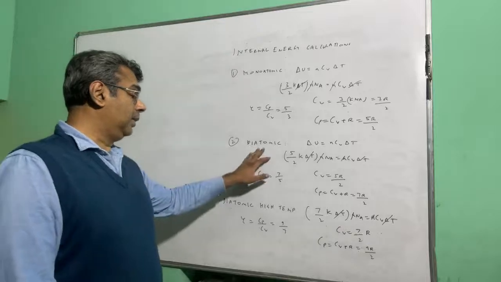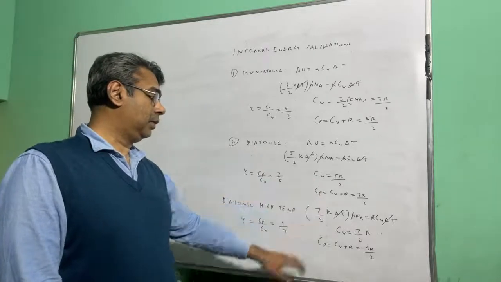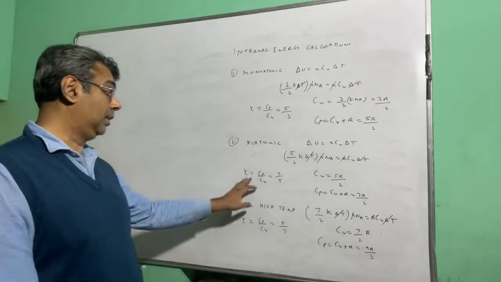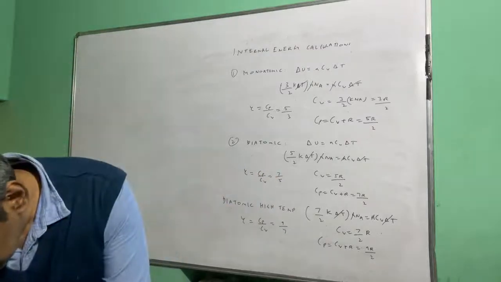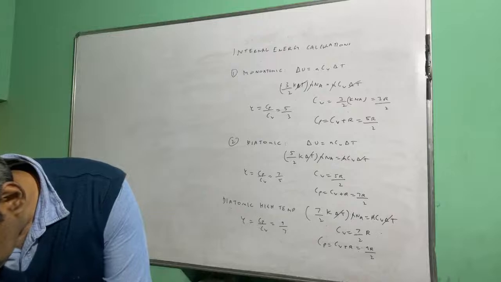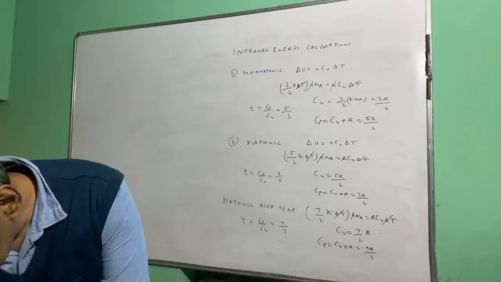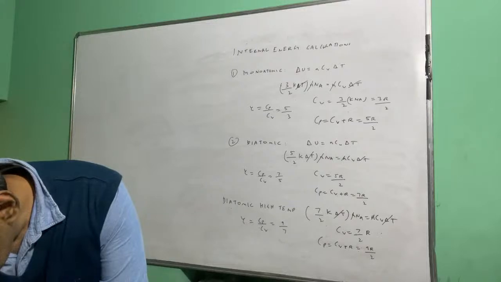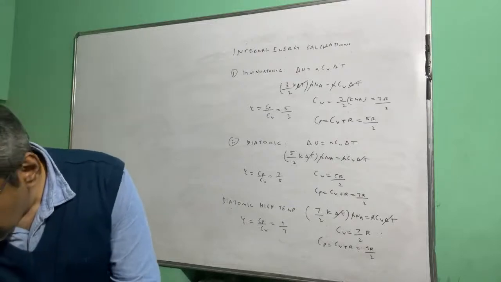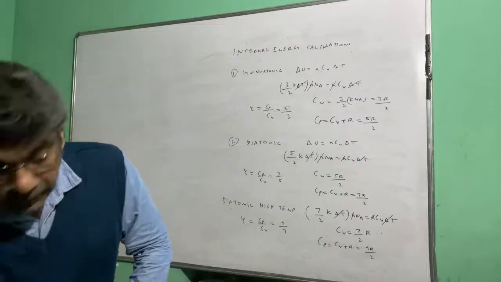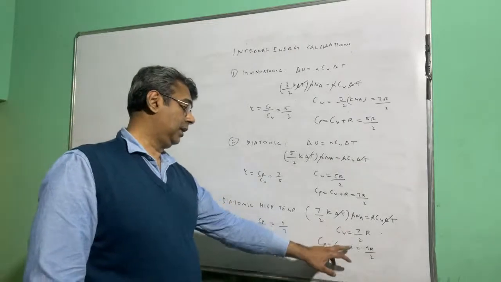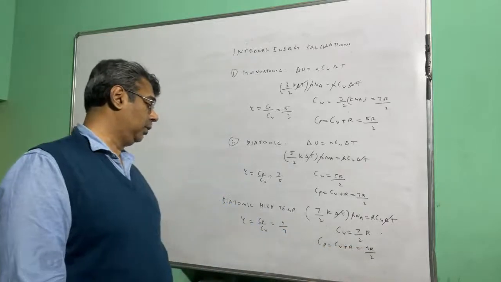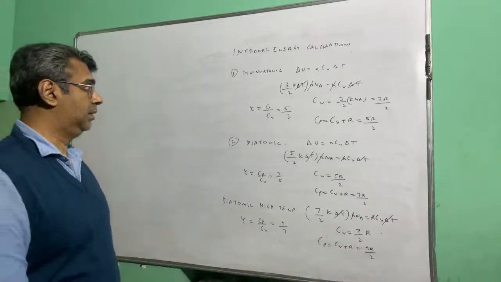So if it is diatomic gas, Cv is 5R by 2, Cp is 7R by 2, gamma is 7 by 5. And if it is diatomic at high temperature, Cv will be 7R by 2, Cp will be 9R by 2, and gamma will be 9 by 7.